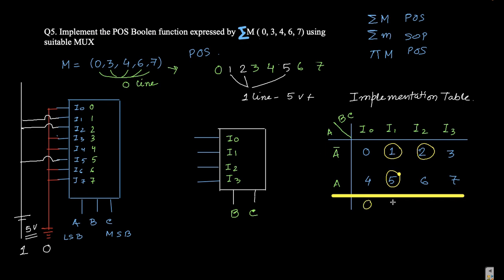As both are selected, this becomes 1. As only one is selected and in front of A bar the circle is there, this becomes A bar, and as no selection, it is 0.